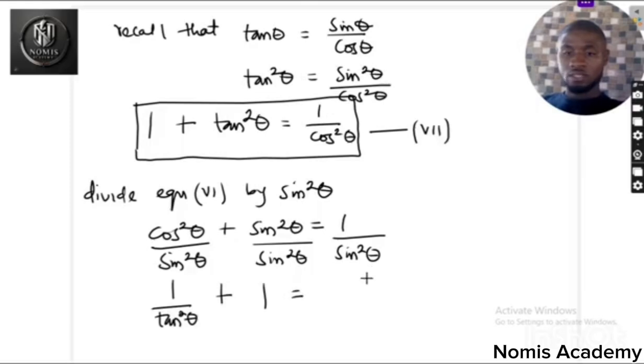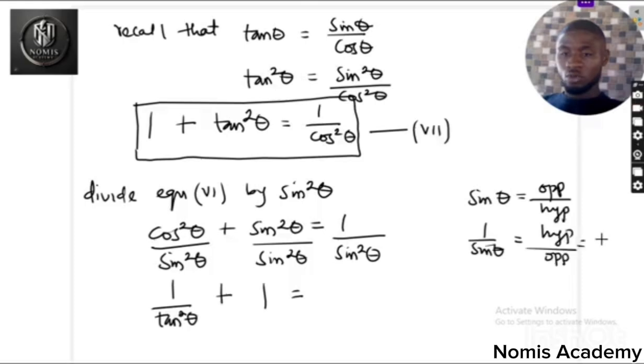Recall that sin theta is equal to opposite over hypotenuse, and the inverse of sin theta is hypotenuse over opposite, and this is equal to cosec theta.